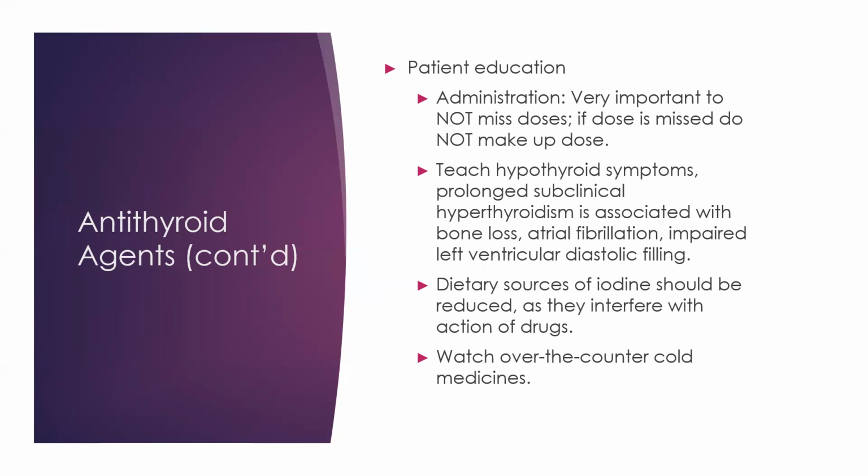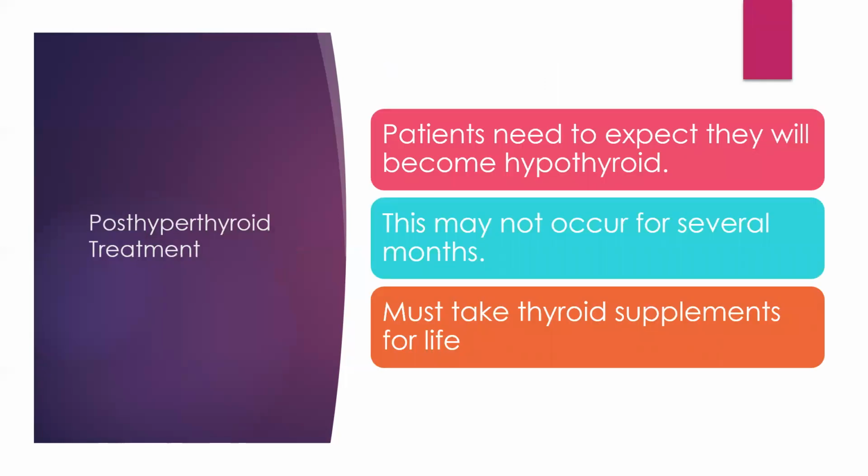All right, so kind of like our diabetic patients, after a hyperthyroid treatment, you need to let your patients know that if they have hyperthyroidism or a goiter, this is going to be a lifelong treatment. This is a chronic illness, and they have to be the ones to really self-monitor to know, is everything going well or going poorly? So they need to know symptoms to look for as far as drug therapy, to know if things are working the way they're supposed to.